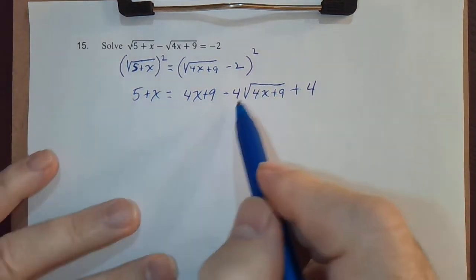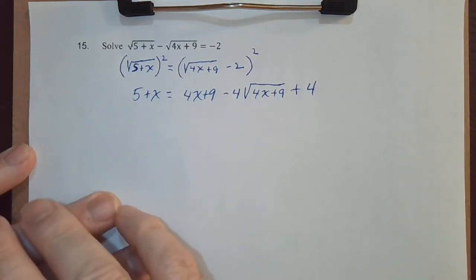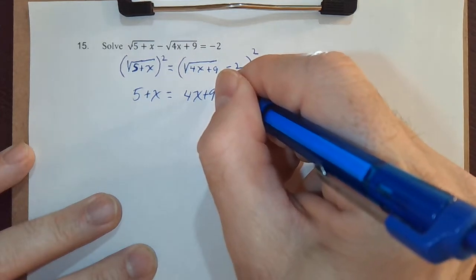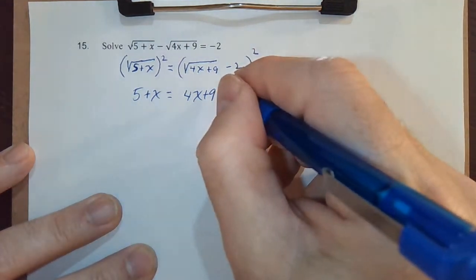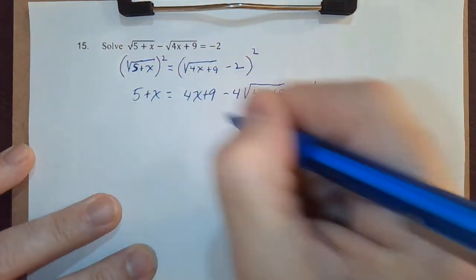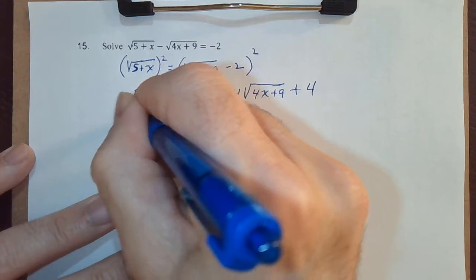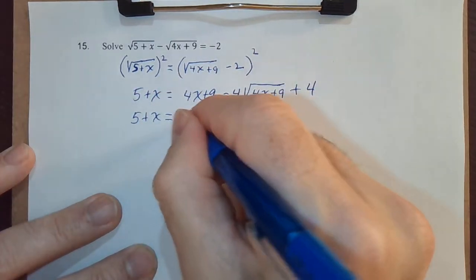Okay, so now I want to get the radical all by itself. So let's notice that, now maybe I'll just write it out here. 5 plus x equals. We've got 4x.